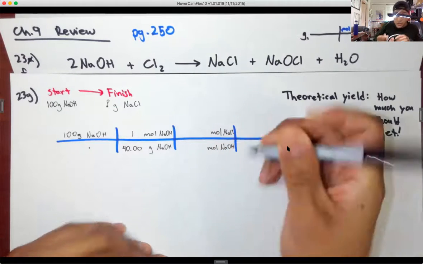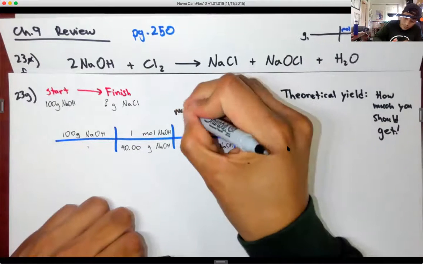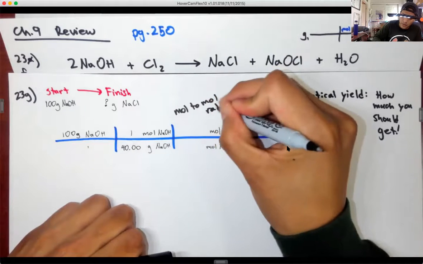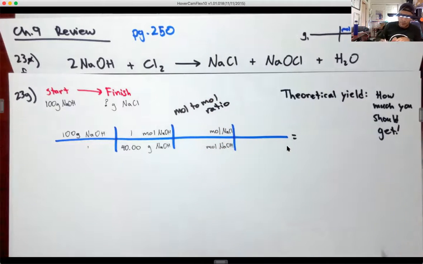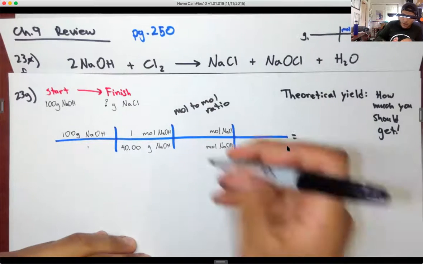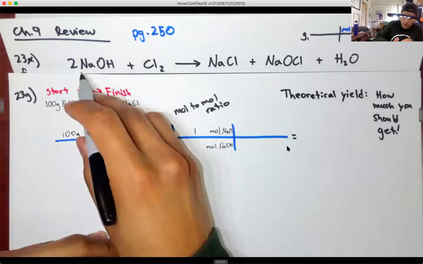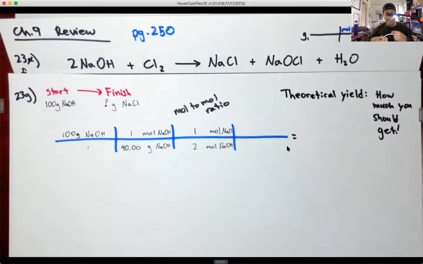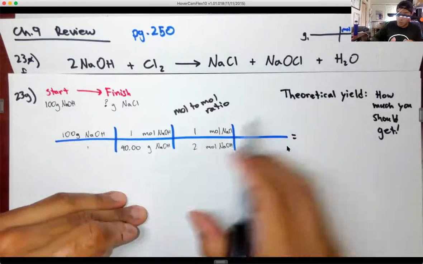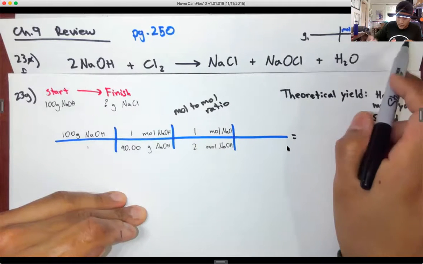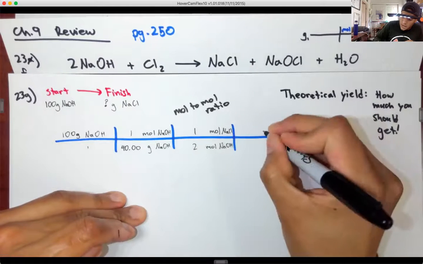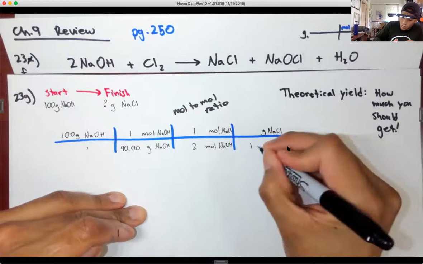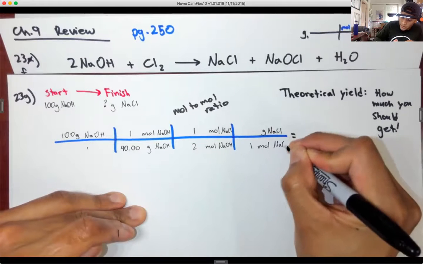And what do we use to make this jump? Mole to mole ratio. Exactly. And what is the mole to mole ratio? Moles of NaCl is going to be 1 mole of NaCl for 2 moles of NaOH. Good. Now, next step, we want to go from moles of NaCl to grams of NaCl. So to be able to do that, now we're going to grams of NaCl over 1 mole of NaCl.